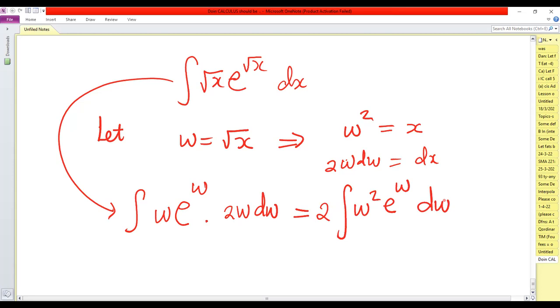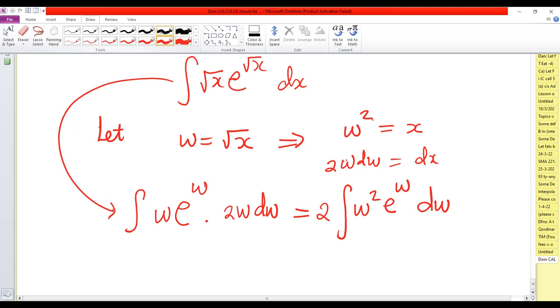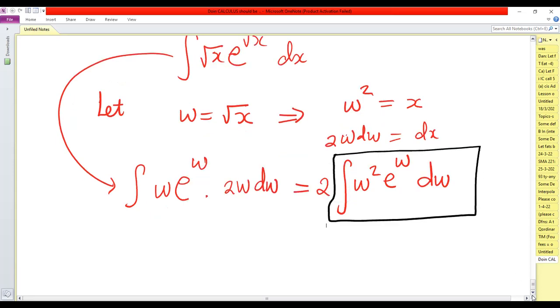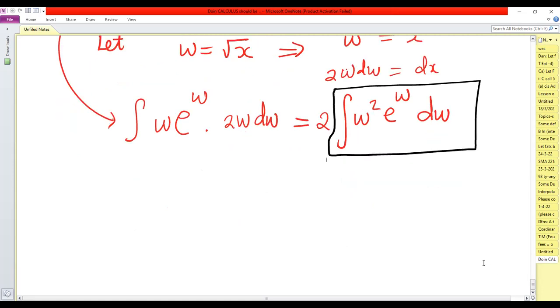So therefore now this part here is now in a very direct and proper form to apply integration by parts, or you can use tabular integration, which is actually just another modification of integration by parts. So we concentrate on the integral of w squared e raised power w dw.